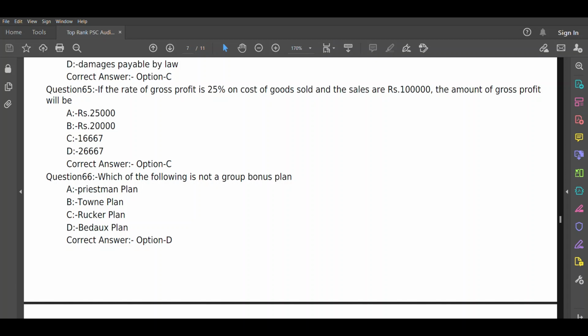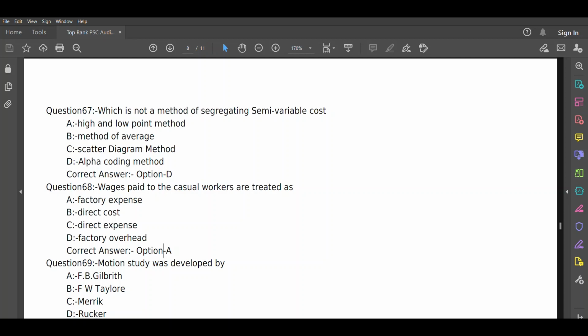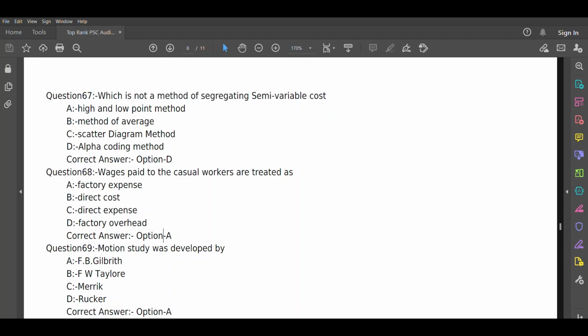Which of the following is not a group bonus plan? Beddock's plan. Which is not a method of segregating semi-variable cost? Alpha coding method.